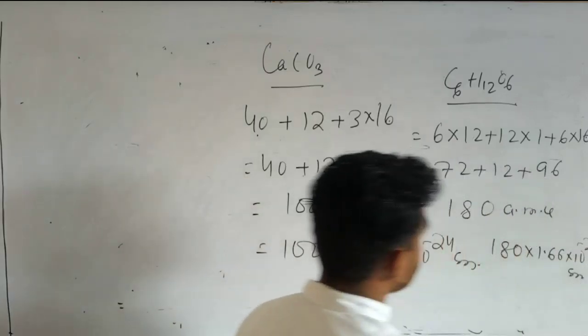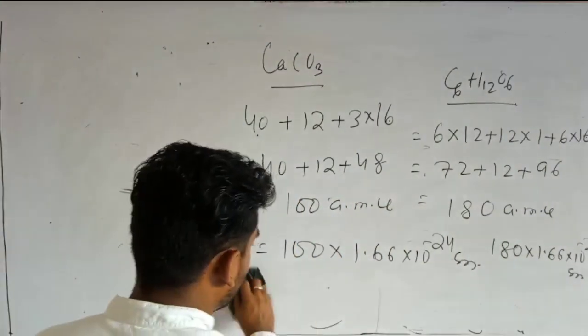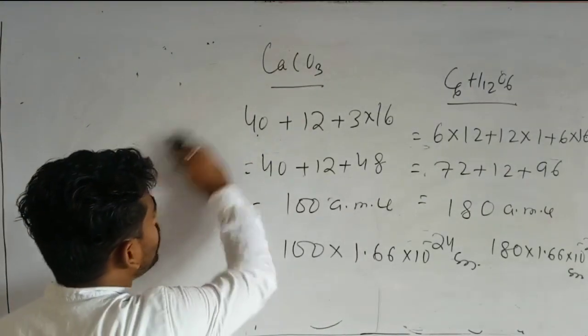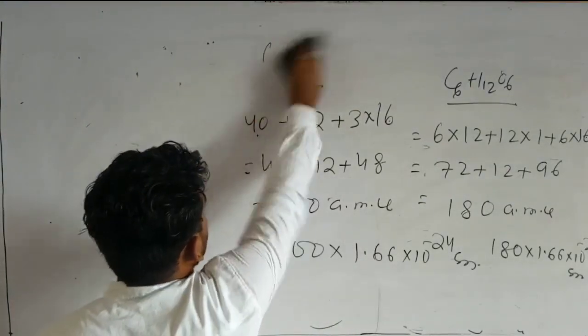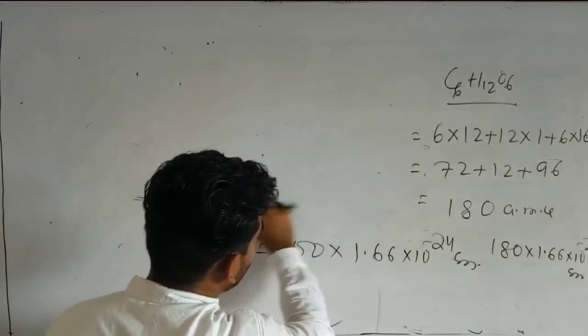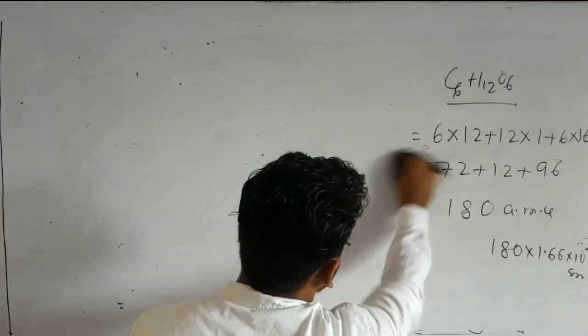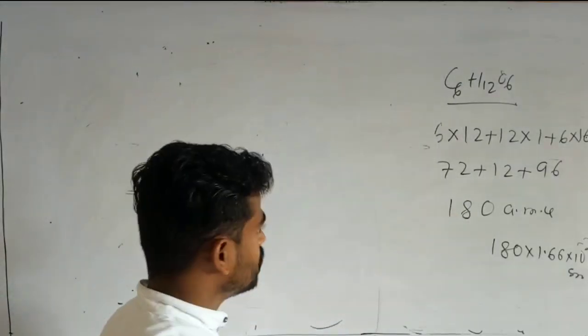Then gram molecular mass will be 180 into 1.66 into 10 to the power minus 24 gram. Like gram atomic weight, I can calculate gram molecular weight. Gram molecular weight means Avogadro number of molecules should be there.